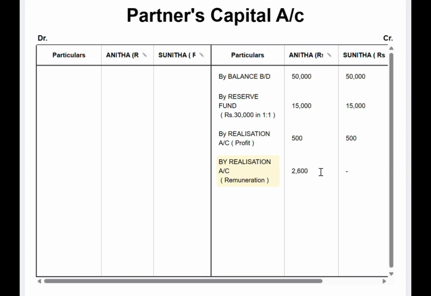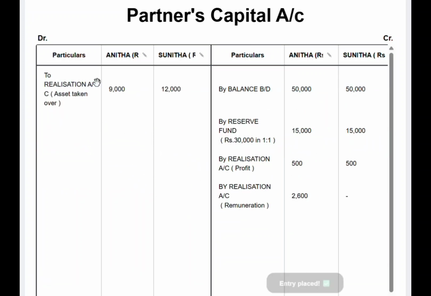So this asset that is taken over by the partners will appear on the debit side of the partners' capital account. So it will be recorded on the debit side as to realization account, the asset that has been taken over by the particular partners. So Anita takes over investment at rupees 9,000 and Sunita takes over furniture at rupees 12,000.